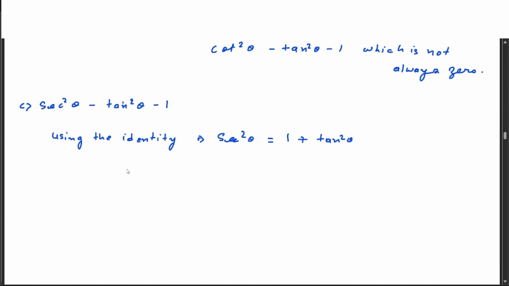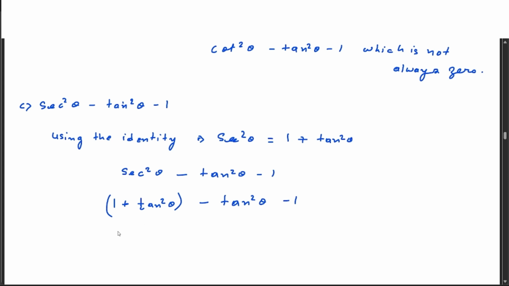Now we can write the option: sec square theta minus tan square theta minus 1. In place of sec square theta, we can substitute the value, 1 plus tan square theta in brackets, minus tan square theta minus 1. Now you can remove the bracket.